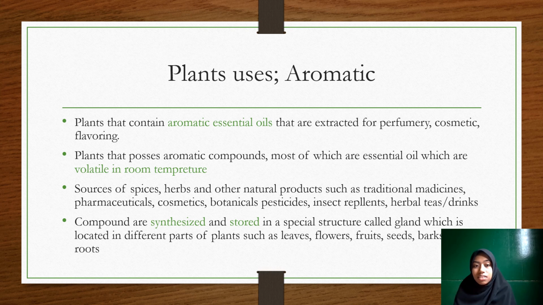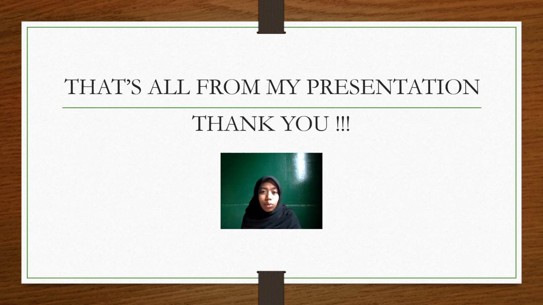Sources of spices, herbal and other natural products such as traditional medicine, pharmaceutical, domestic, botanical pesticides, insect repellents, herbal teas or drinks. Compounds are synthesized and stored in special structures called glands, which are located in different parts of plants such as leaf, flower, fruit, seed, buds, and roots.